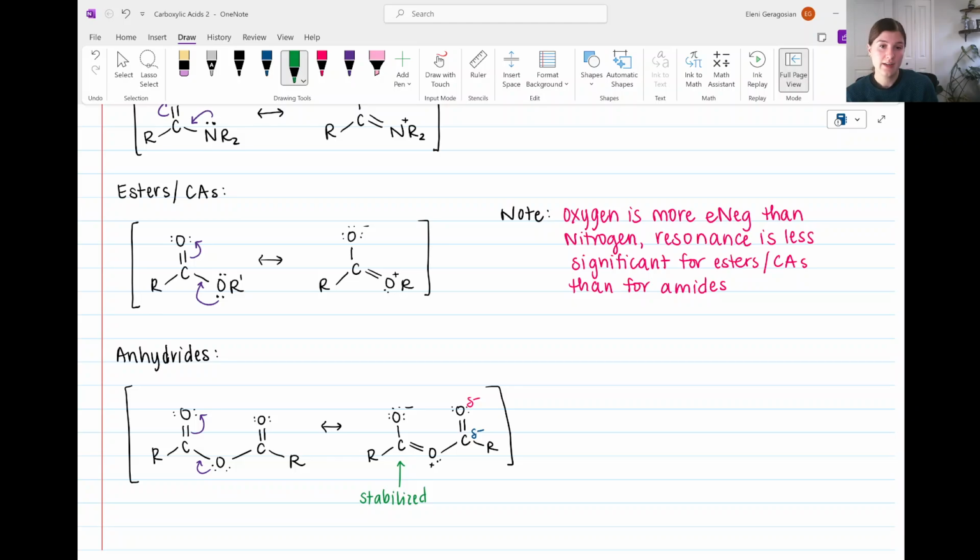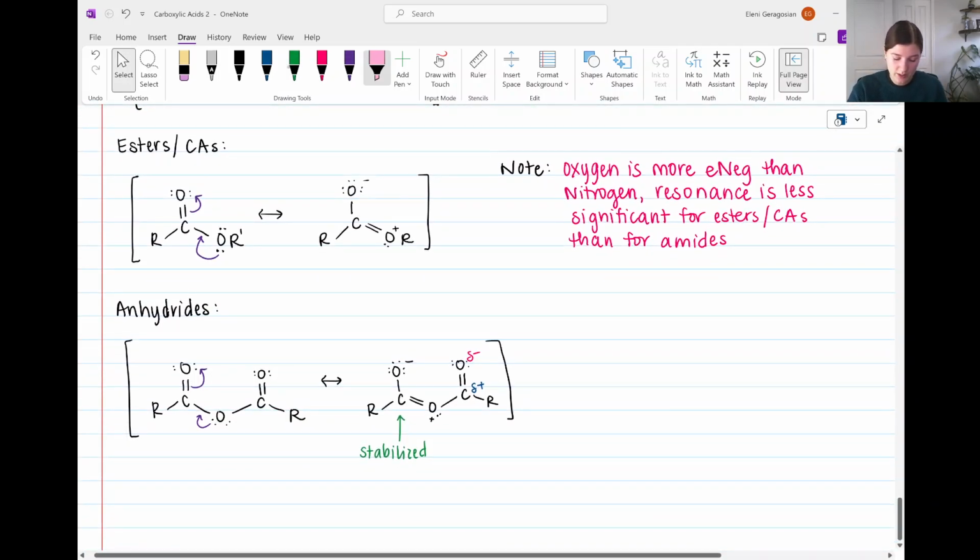So here, if we look at the carbonyl on the right side of this molecule, we have a partial positive, I wrote negative, that should be positive, partial positive carbonyl carbon adjacent to a formally positive oxygen here. So that means that although we're stabilizing one of the carbonyls in this compound, the other carbonyl is destabilized.